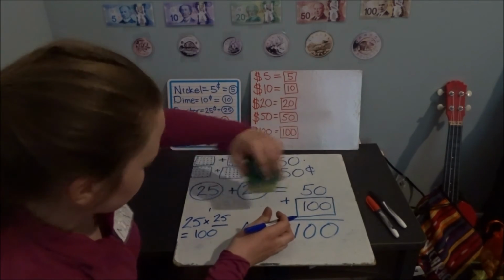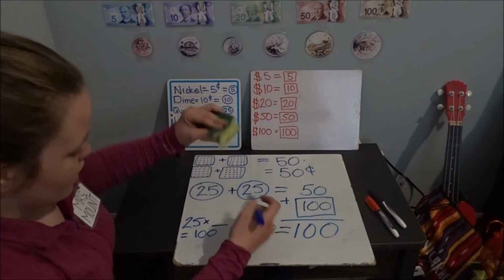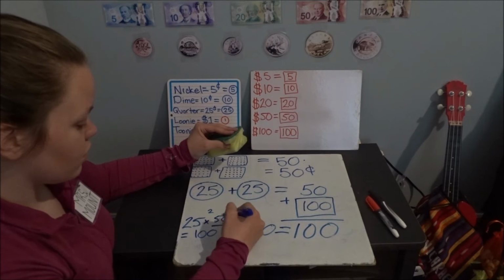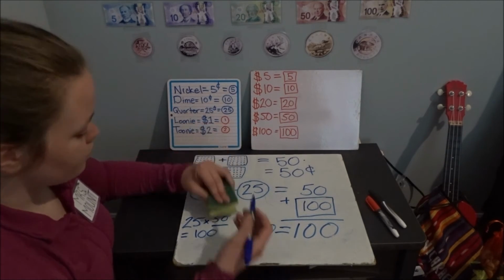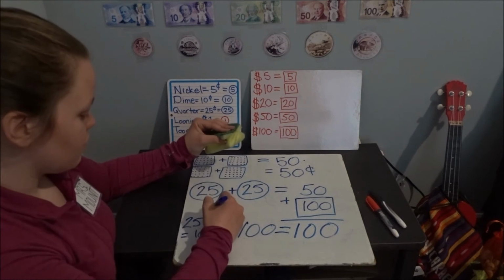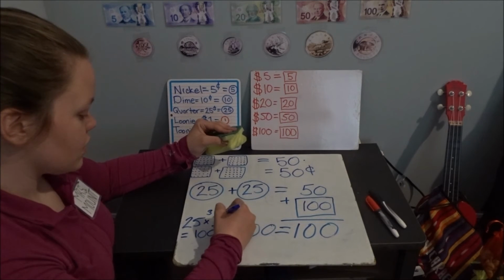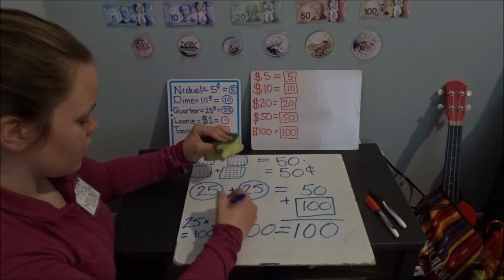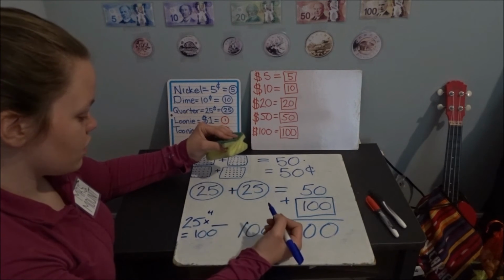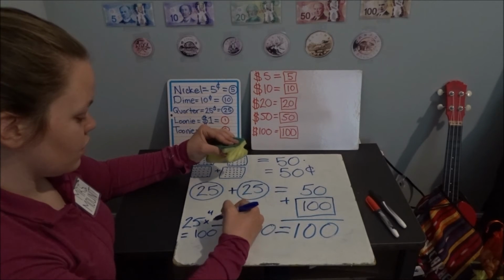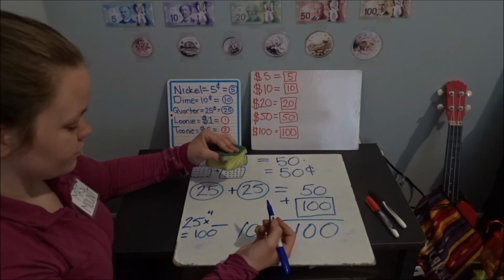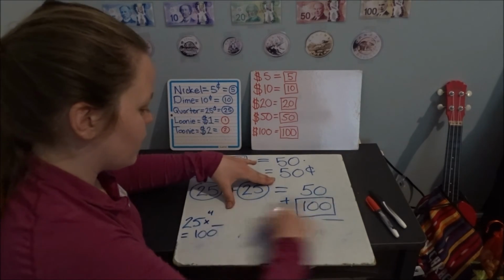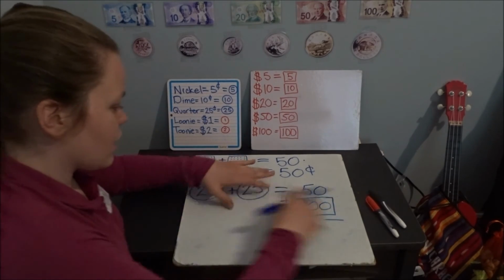Nope, that's not enough. 25 times 2 is equal to 50. Nope, that's not enough. By 3, 75. Nope. And by 4 would be 100. Pretty cool.